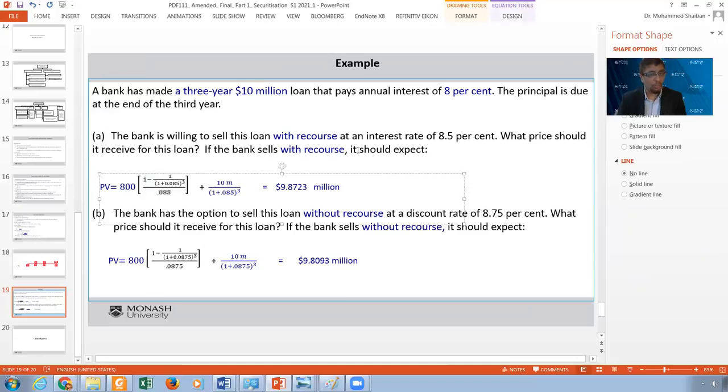If you sell with recourse, the arrangement is 8.5%. So you discount at the return that the buyer will get, 8.5, so he has to pay like this.